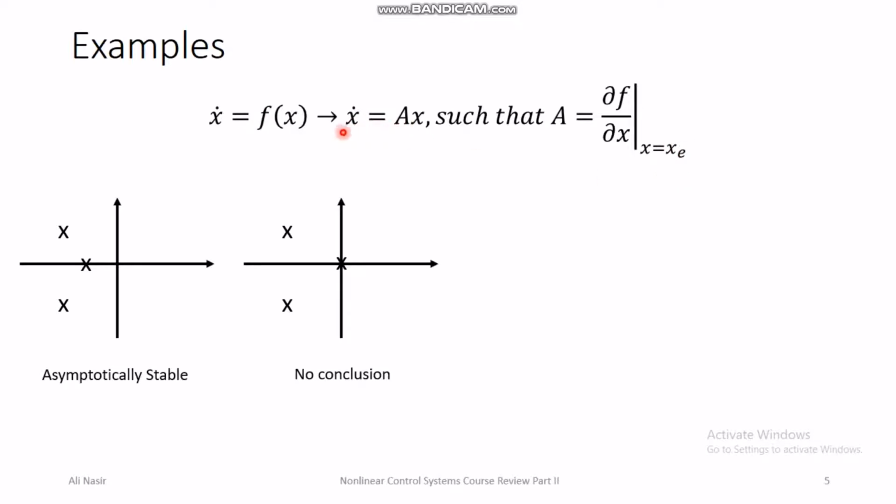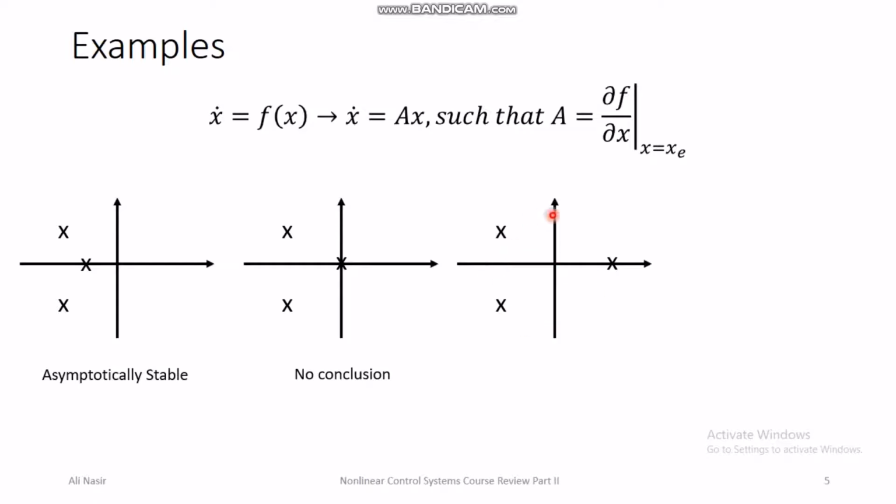This linear system may have any type of stability, but we cannot conclude anything about the original nonlinear system from the stability property of this linear approximation.